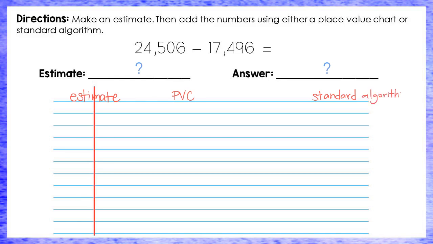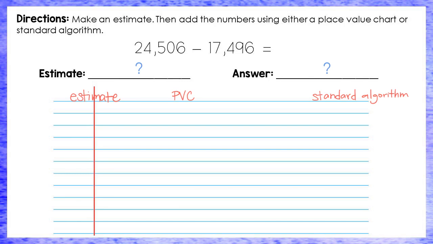Make sure you're writing this on your paper. Pause the video as you need. 24,506 minus 17,496. We have to decide what these numbers are closest to.